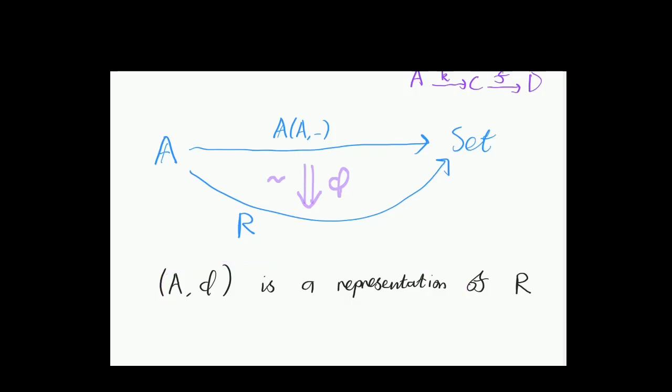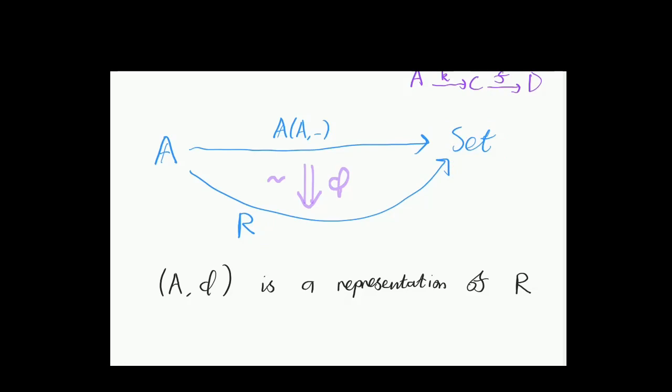So let's think about this practically. What does this mean for our example? Remember, we have this example where scripty A is the category of dynamical systems, and we have this forgetful functor from that to set. Now, is that a representable functor? Well, it turns out that it is.